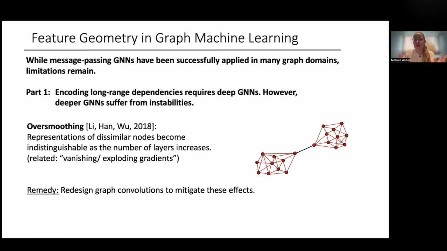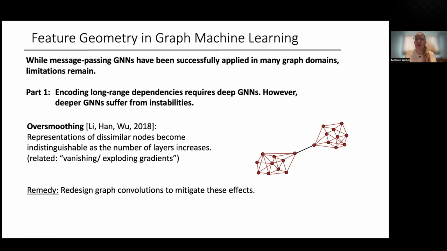So they have been applied very successfully in many domains. There are still a few limitations that remain, and one particular area of challenges relates to situations or tasks where we have to encode long-range dependencies in the representations that the graph neural network learns.